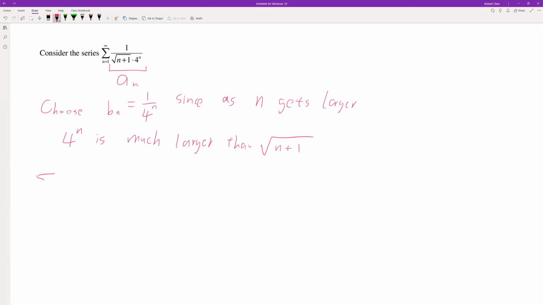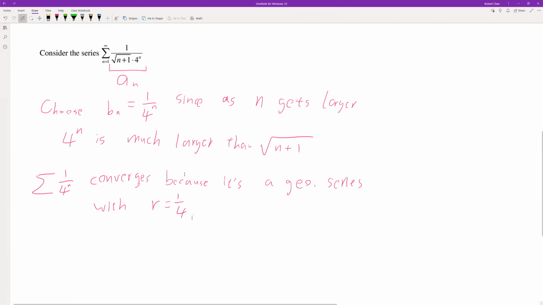And we know that the infinite series of 1 over 4 to the n, which is our Bn, converges because it's a geometric series with r equal to 1 over 4. A geometric series converges when the absolute value of r is less than 1.